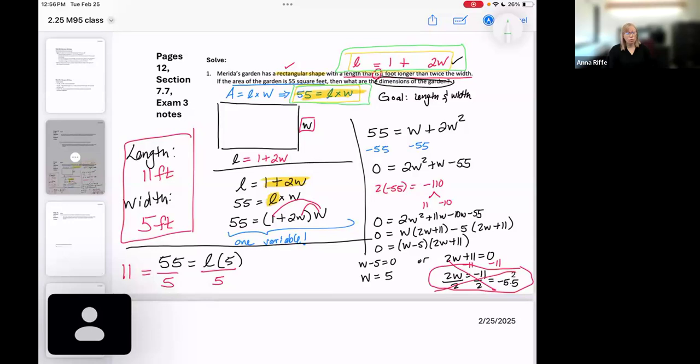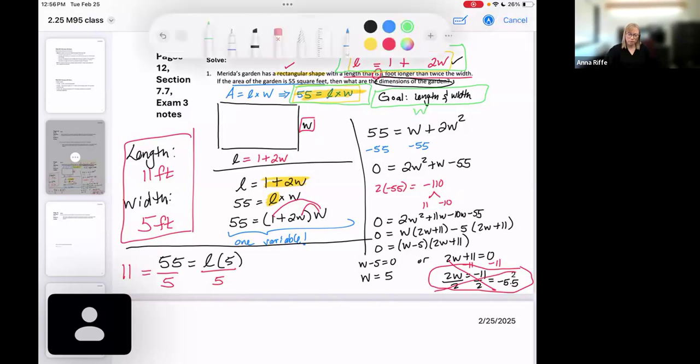Knowing your goal, so knowing what it is you're looking for. If you know your goal, then generally that's what your variables in a problem are going to be. I used W and L here for our variables. So I didn't use numbers for length and width because those are unknowns. I don't know what the length is and what the width is. I had to introduce variables here, L and W.